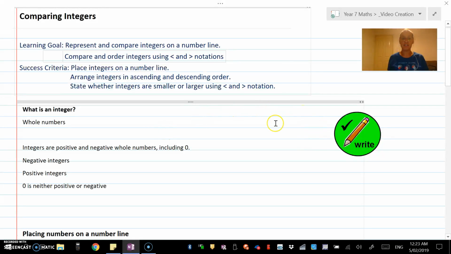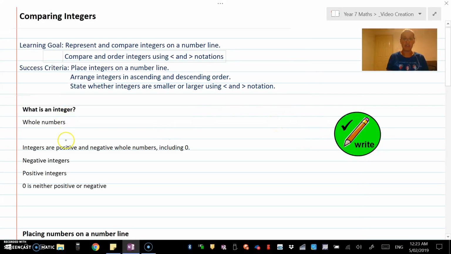So to get us started, what is an integer? An integer is any whole number. So these are like our counting numbers: 0, 1, 2, 3, and so forth. And you also have numbers that are smaller than 0, and these are your negative numbers. So you've got like -1, -2, -108.